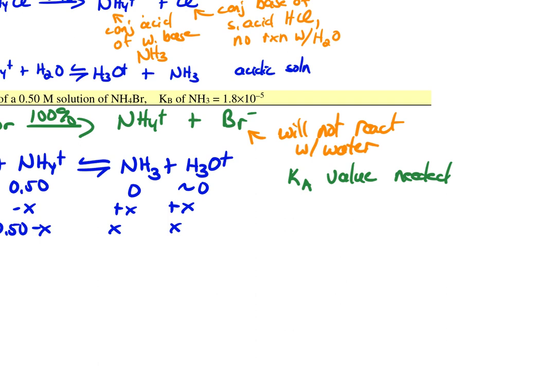We have a weak acid in solution, and therefore we need a value for Ka. Okay, so we can calculate our Ka value from the Kb of ammonia. So we get 5.56 repeating times 10 to the minus 10.